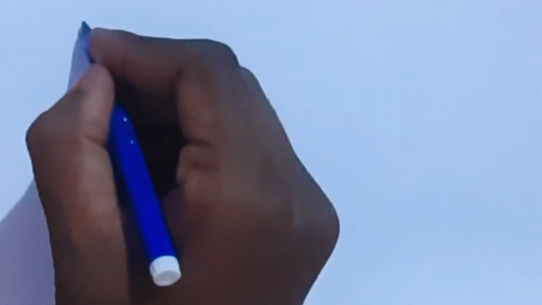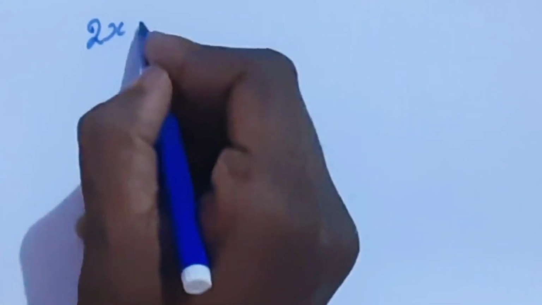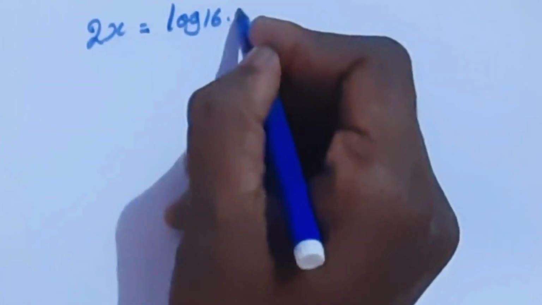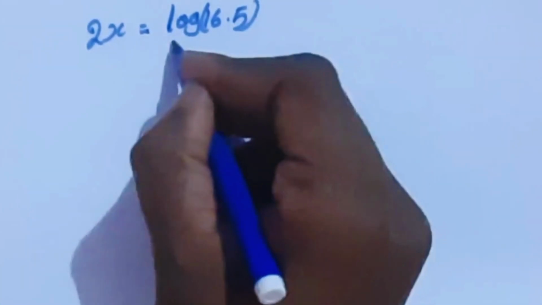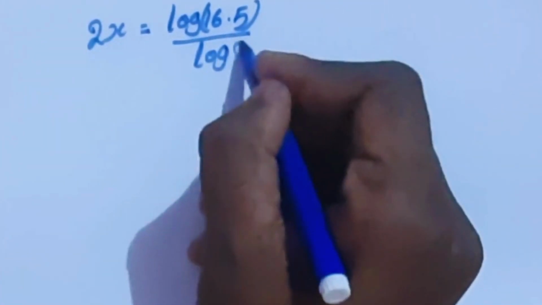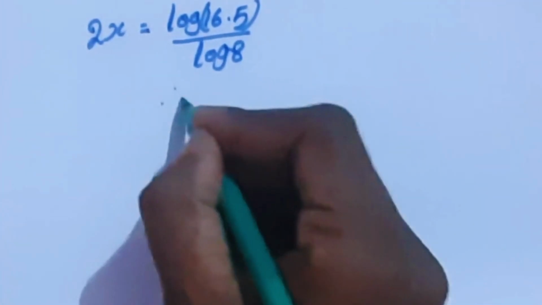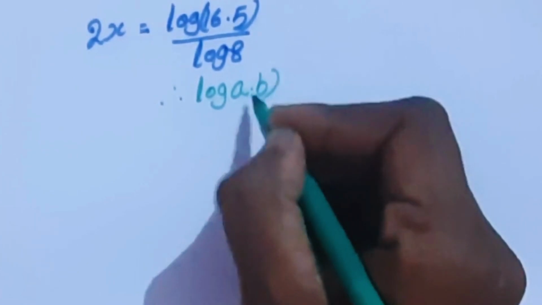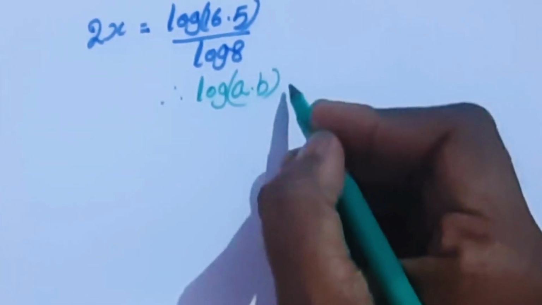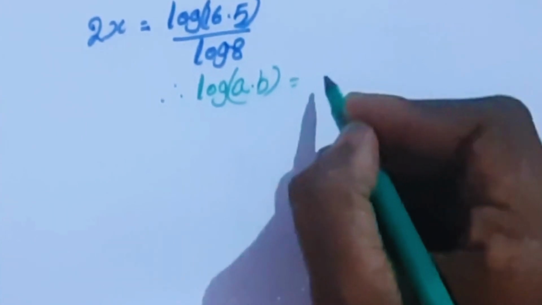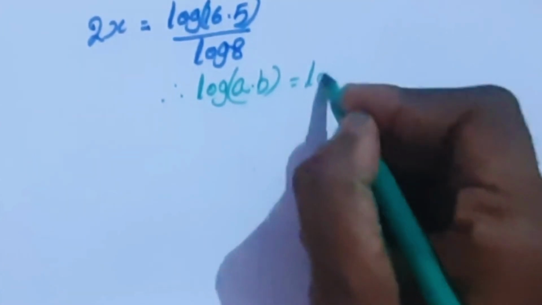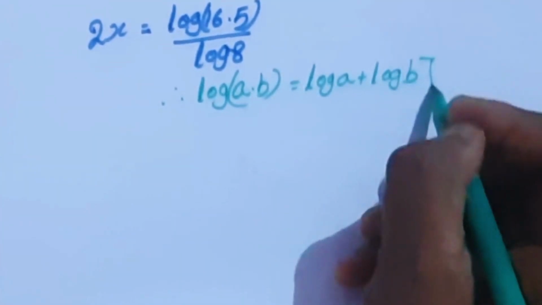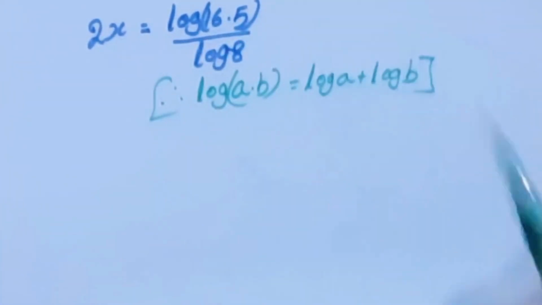Now 2x equal to log 16 times 5 by log 8. Here we are going to apply the log product formula, that is log ab equal to log a plus log b. So this we are going to apply here.